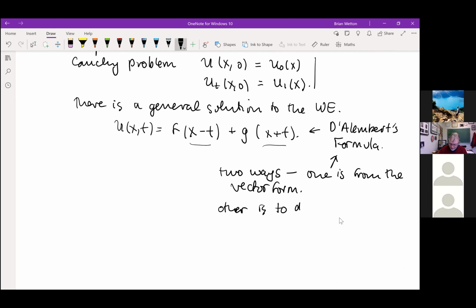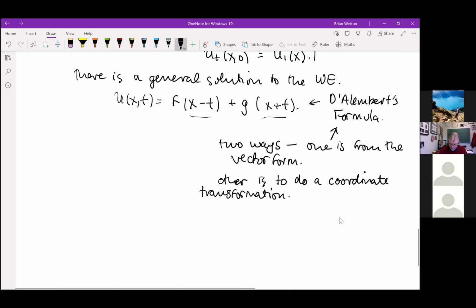The other is to do a coordinate transformation. So I'm going to have two coordinates, xi is x plus t, and eta is x minus t. And if you do all of the change of variables, you'll see that the wave equation ends up being u_xi eta equal to 0, right?